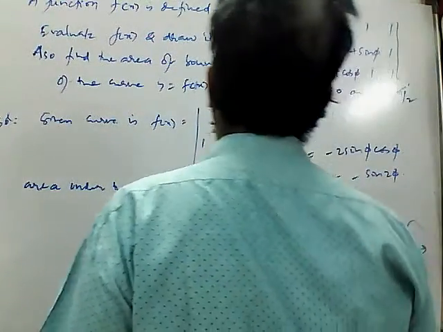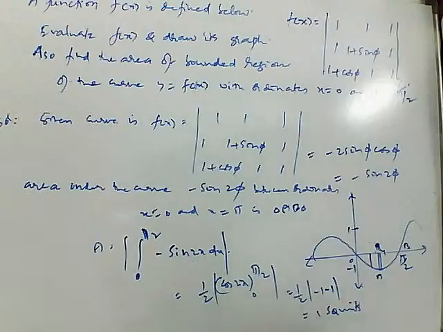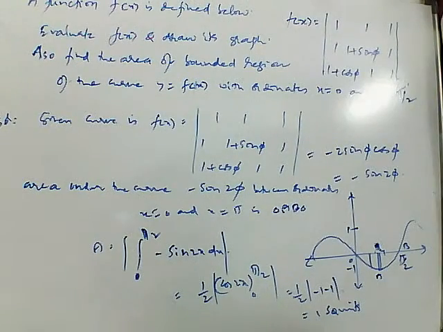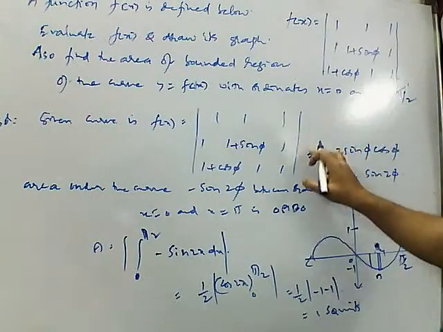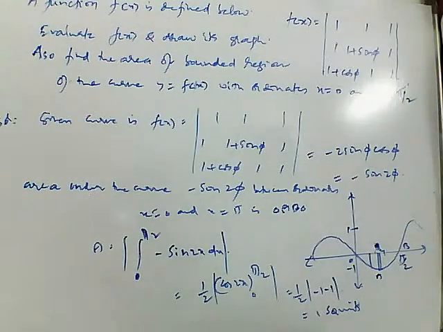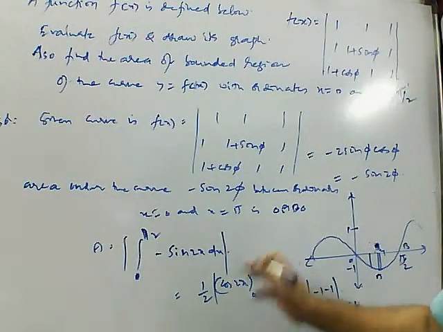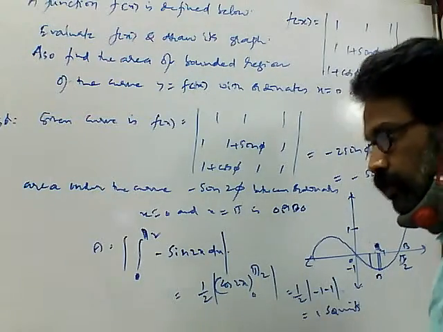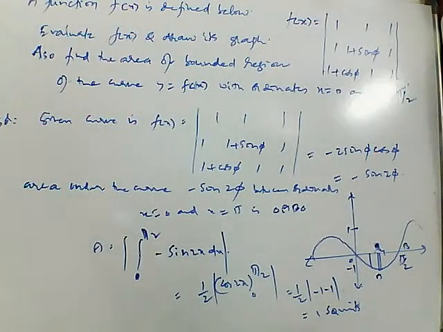So this is 0 to pi by 2. That is the area. So the function is given, you have evaluated it, and then we got the area under the limits, right? So note down.